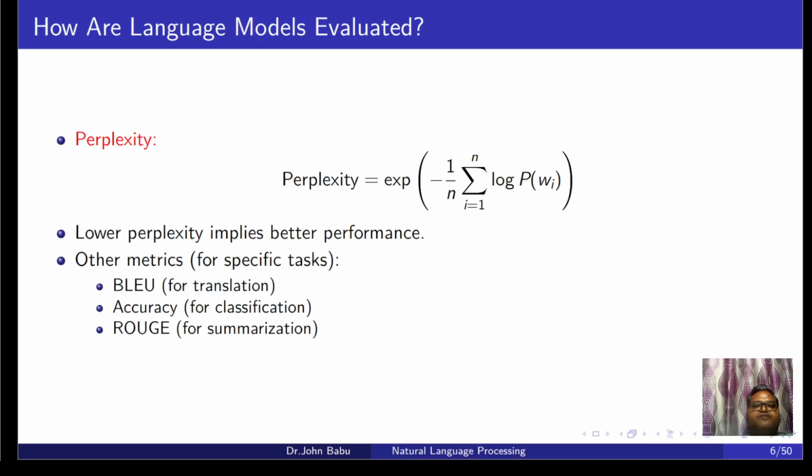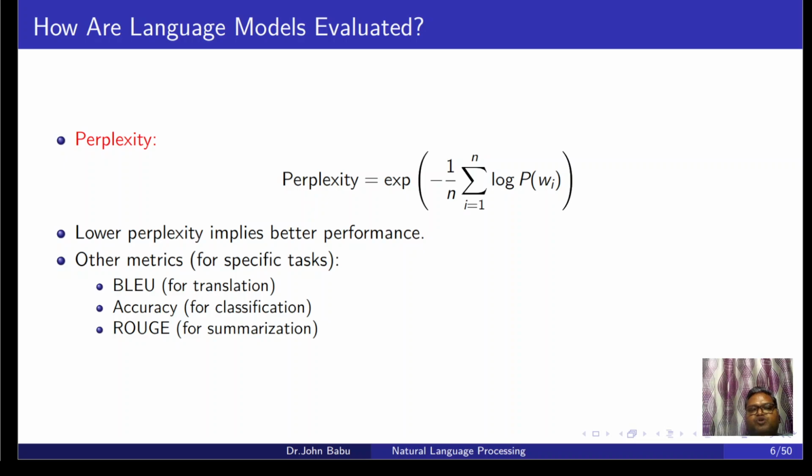And how are language models evaluated? There are parameters to see the evaluation of a language model. One is perplexity. Perplexity is the ambiguity. The lower the perplexity, the higher the performance. We'll see about that very shortly, so I'm not going deep into this.